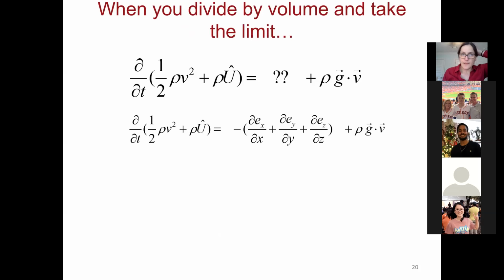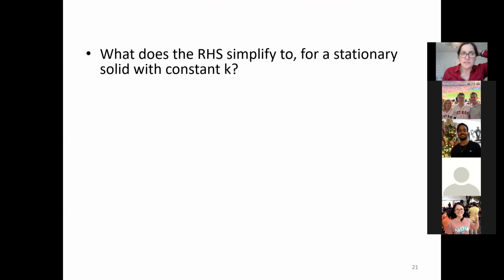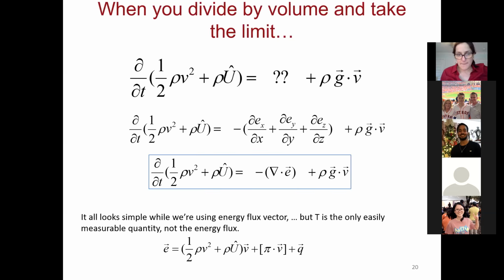Now, I would just like to look at one simple case when this velocity is actually zero. So I have 0, 0. I only have q here. So this is divergence of q.